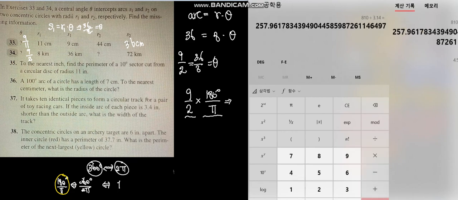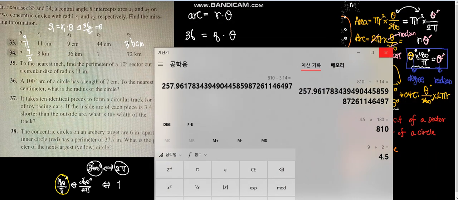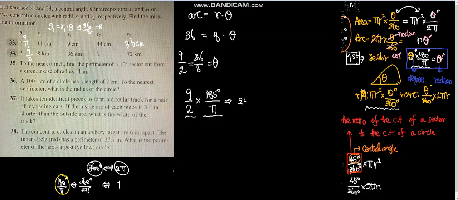Okay, so it's still less than 360, therefore it still works. So in degrees, this is 257. But if it gets more than 360, then it should not work. But it does work this time. Therefore, I stand corrected. This problem is not wrong.